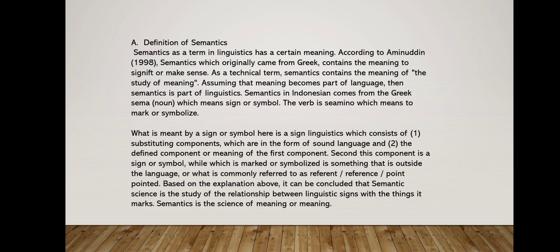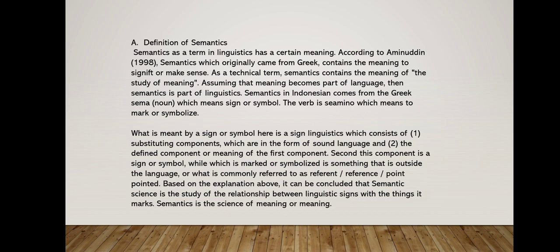What is meant by a sign or symbol? Here is the linguistic sign, which consists of two components. The first component is in the form of language sound, and the second is the component of meaning.